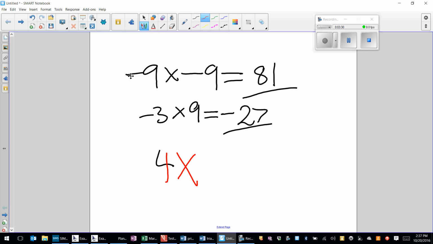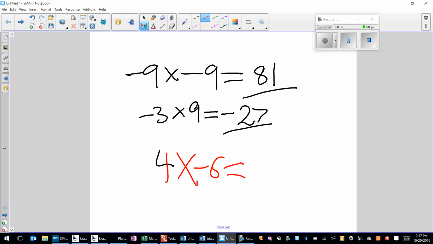4 times negative 6 equals what? Is it 10?